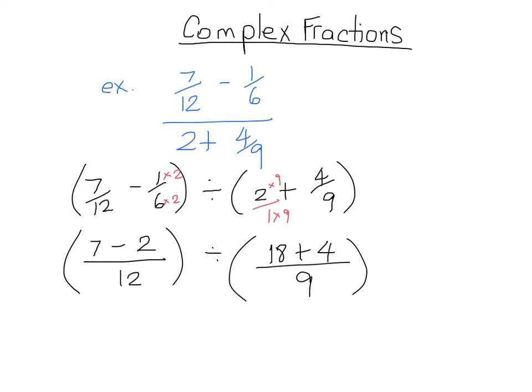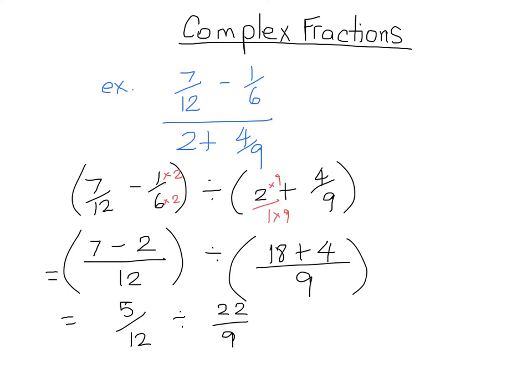And now we can continue to simplify both of our expressions and then divide. Okay, so 7 minus 2 is equal to 5. So on the left side, we have 5 over 12 divided by, and now we have 18 plus 4. So that is 22 over 9. Now remember the rule for division.